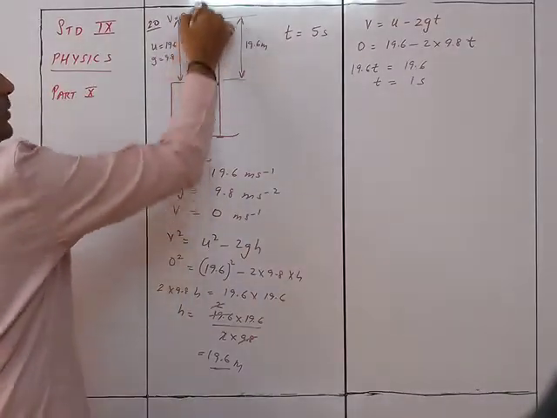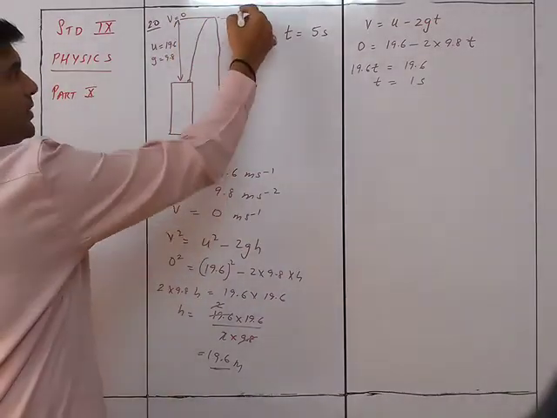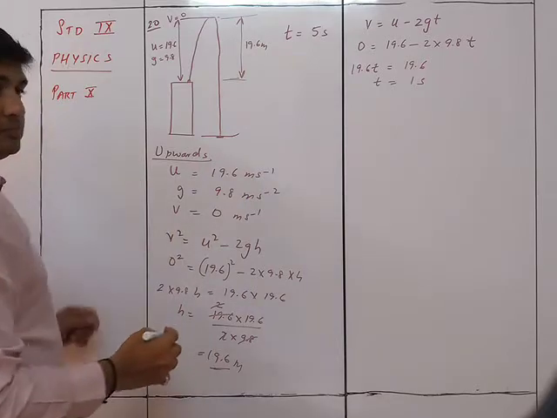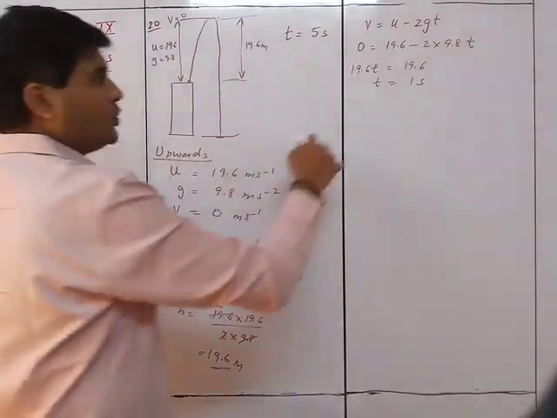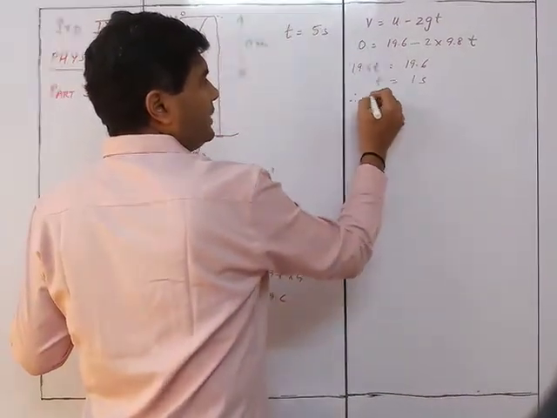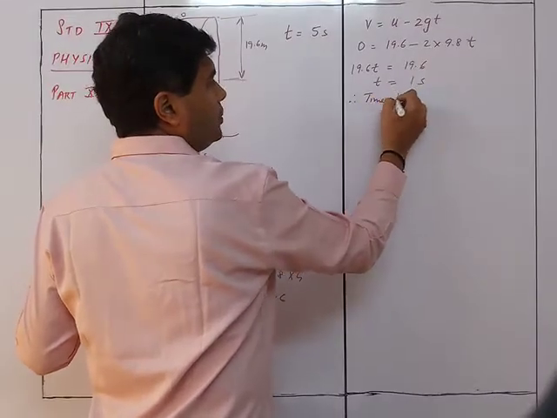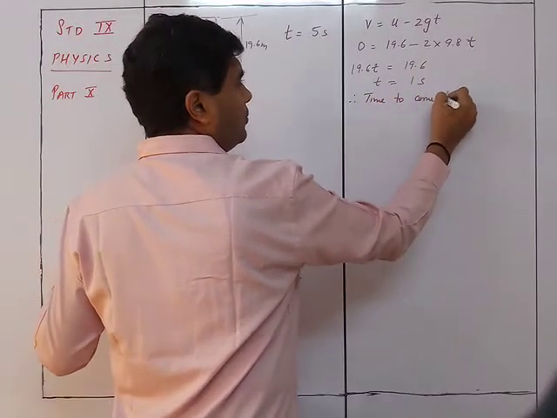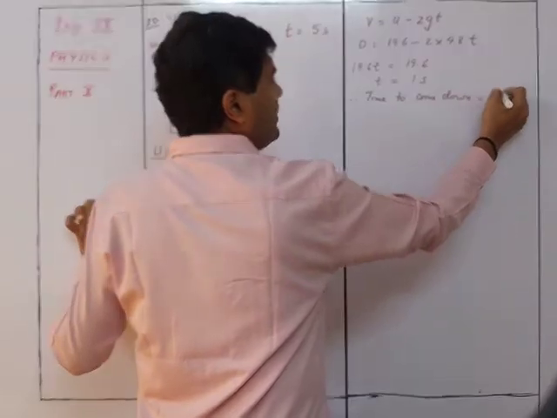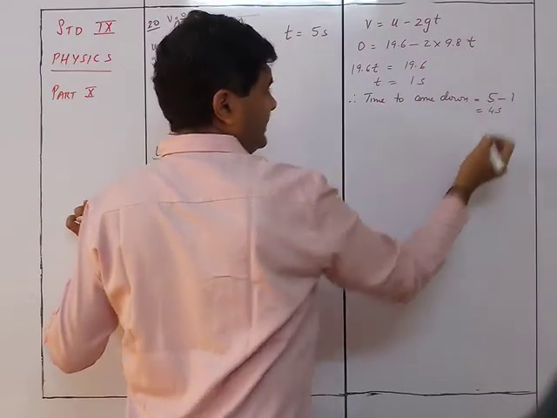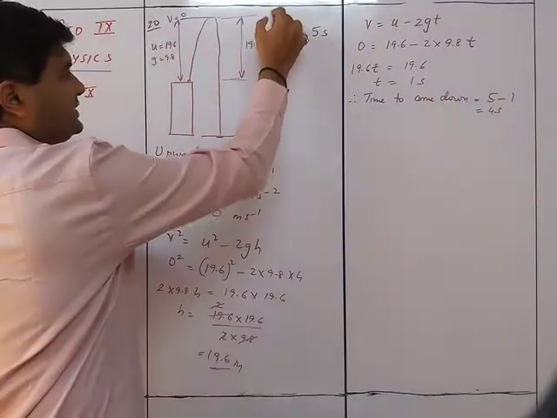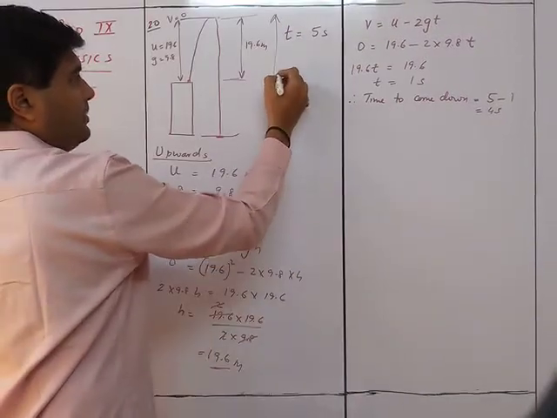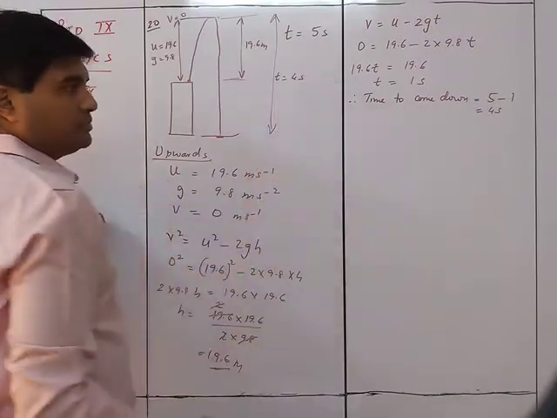So the time taken will be 1 second over here. So another 1 second will be over here. Right? Always do one thing. Therefore, time to come down is equal to 5 minus 1 is equal to 4 seconds. So this complete distance time is equal to 4 seconds.